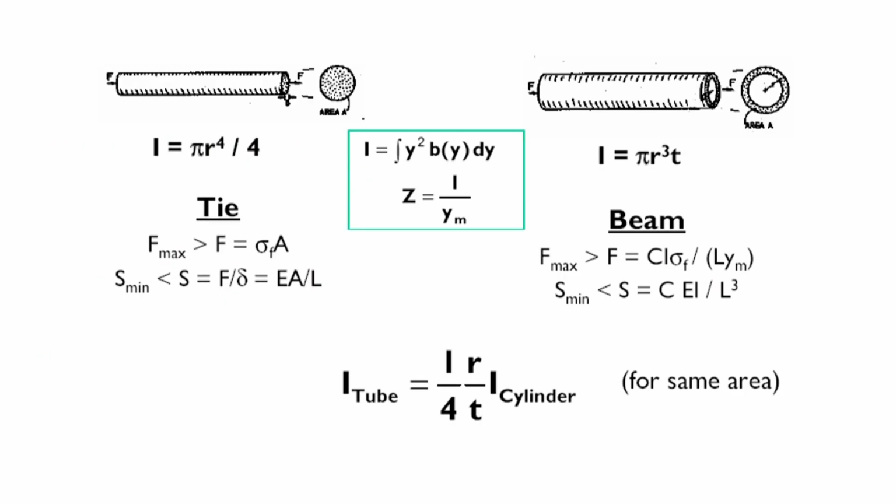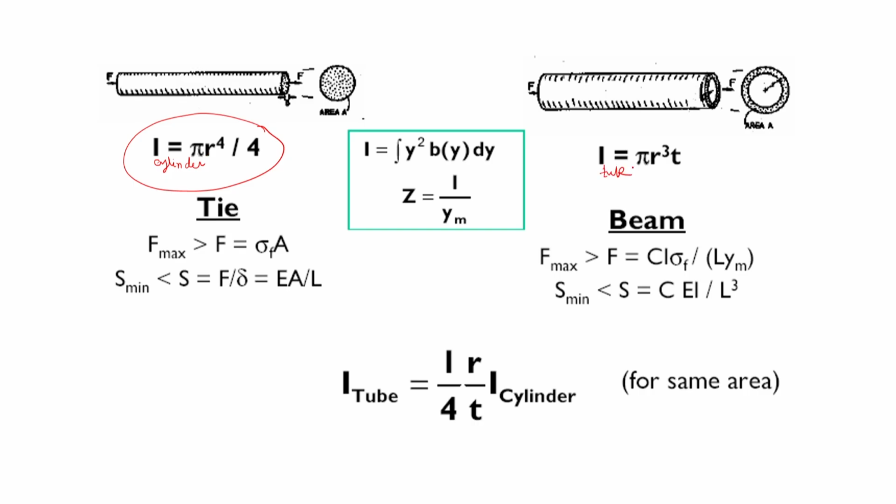Now, whenever we compare the shape efficiency, we have to consider a baseline system, okay, a baseline cross section. Now, one way is that you compare the cross section with a solid cylindrical cross section. So, this is a solid cylinder, let us call it I cylinder, okay, and this is I tube.